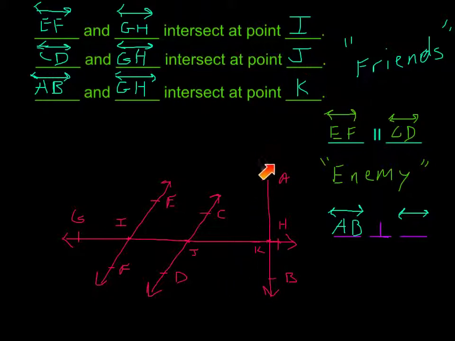One's completely vertical, one's completely horizontal. They form four complete right angles. So we are going to label that one GH.